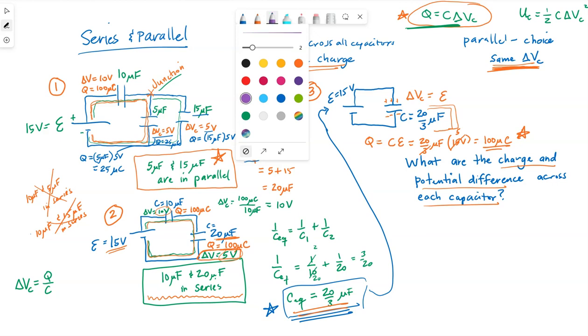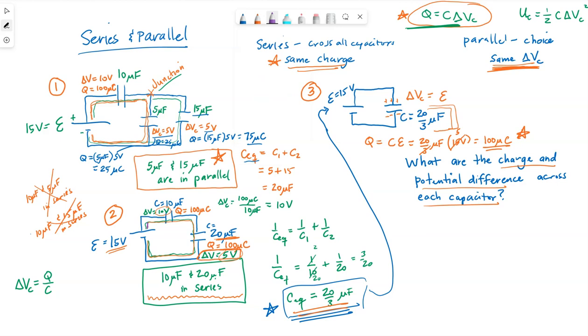So I mentioned already in circuit 2, if I follow my path from one end of the battery to the next, the voltages of these individual capacitors, that 10 volts and 5 volts, add up to equal the battery voltage. So our conservation of energy, essentially, even though it's not technically energy, we call this a loop rule.